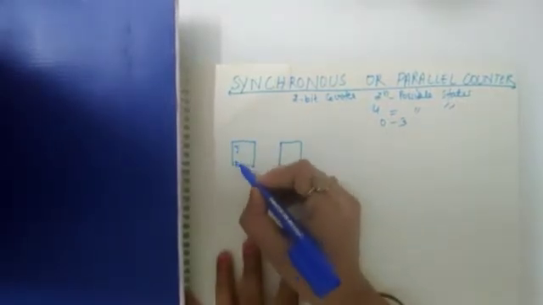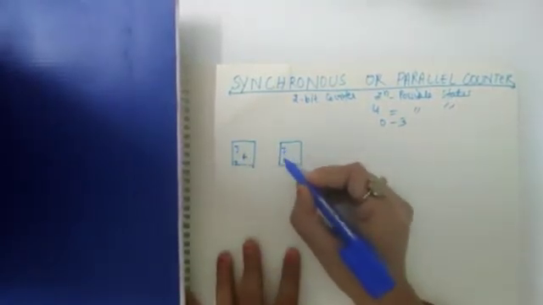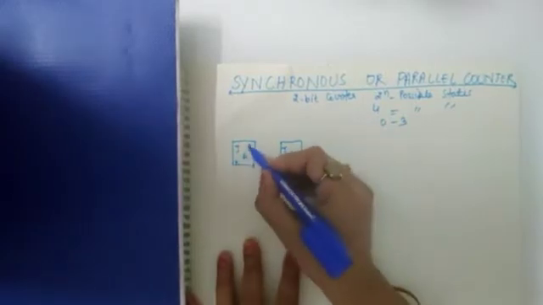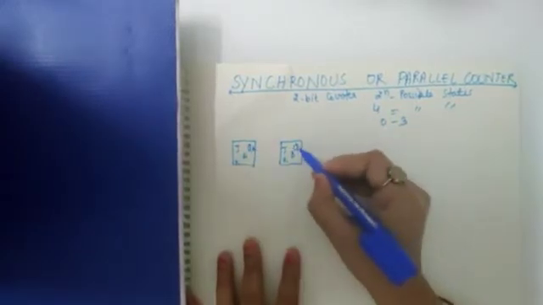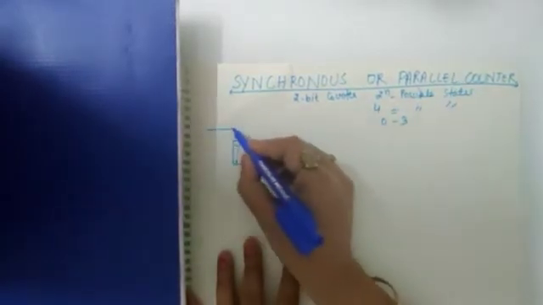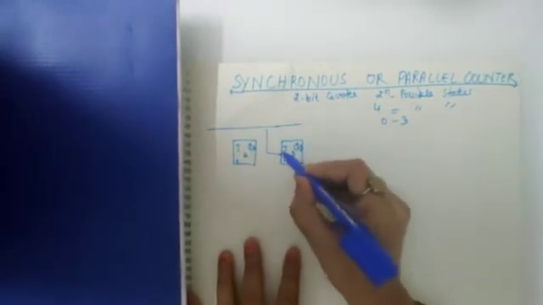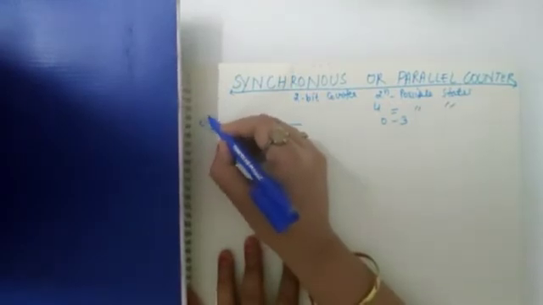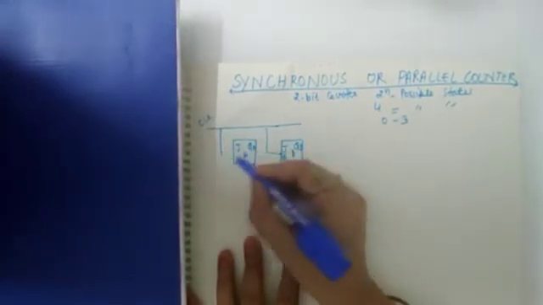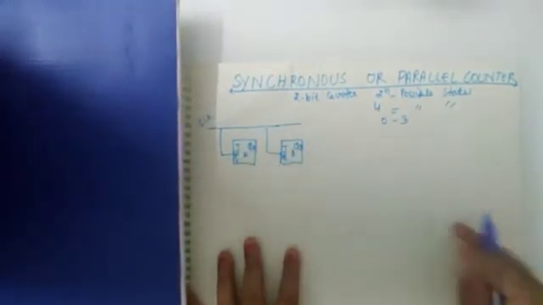So J, K, this is the A flip-flop, J, K, this is the B flip-flop, this is QA, this is QB. And as it is synchronous, all will get the clock simultaneously. All will be triggered simultaneously.